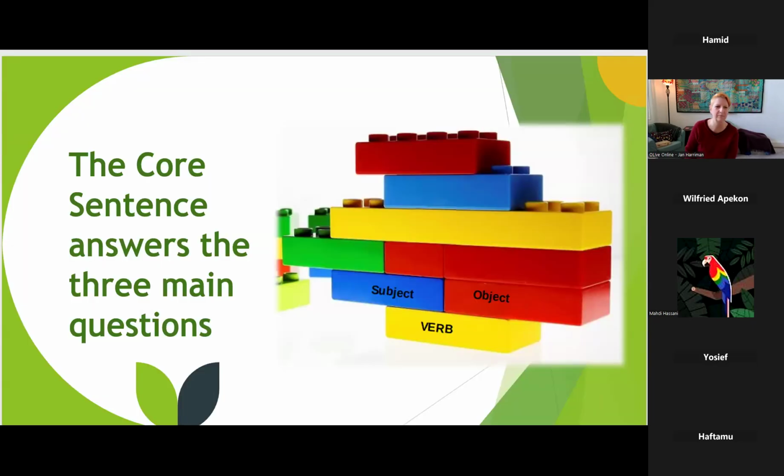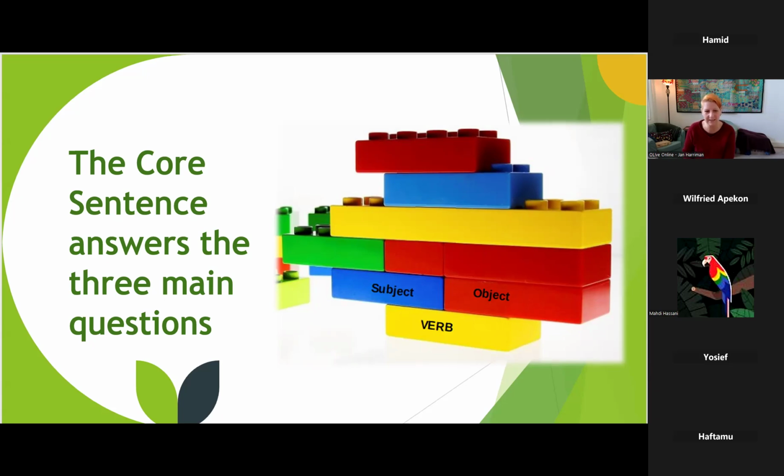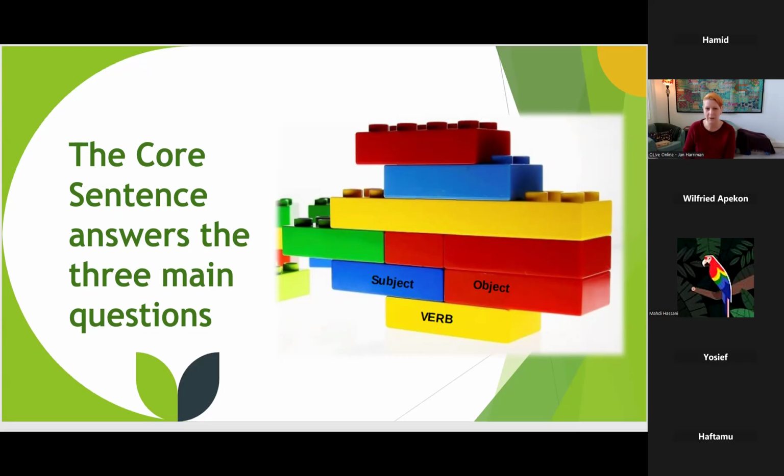Come on, there we go. We start with our core sentence. It all starts with the core sentence. And the core sentence contains these things: a subject, a verb, and an object.